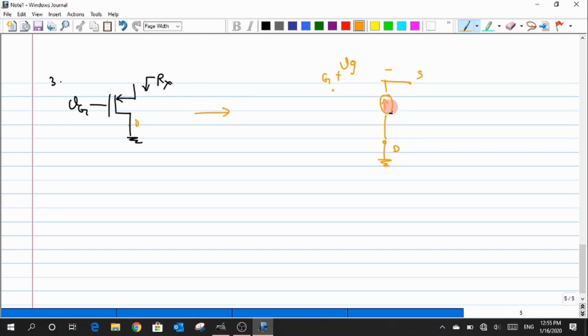That's the reason why it flows from the drain to source, and whose value is Gm times Vg. Or if you want, you can just write it as VGS in case you are getting confused. Now we also have one more component, just because lambda is not equal to 0, due to which I place a resistance R0 along with it.